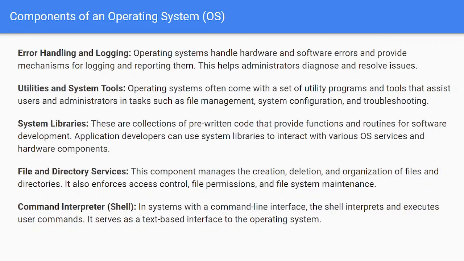The last component is the command interpreter, which we can also call the shell. In systems with a command line interface, the shell interprets and executes the user's commands. It interprets and executes the command written by the user.